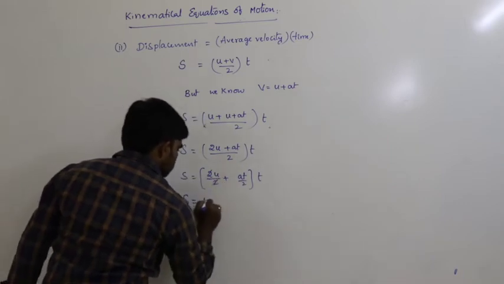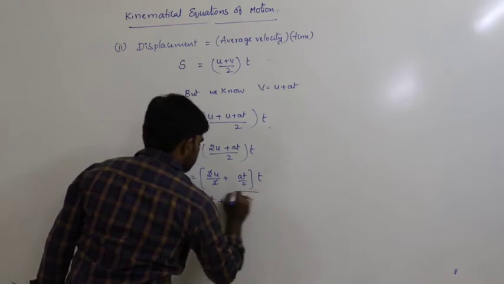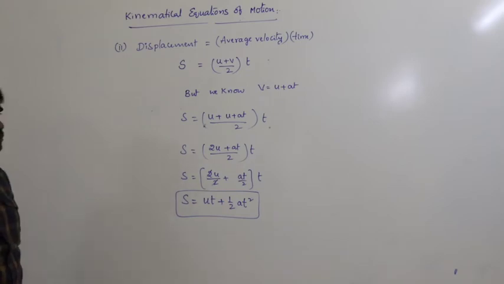S is equal to UT plus half AT square. This is the second equation of motion.